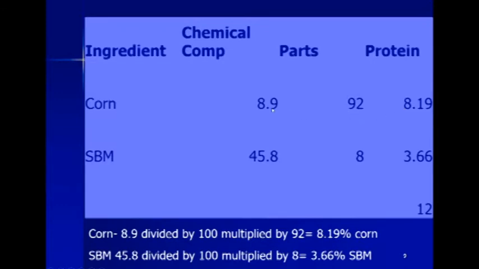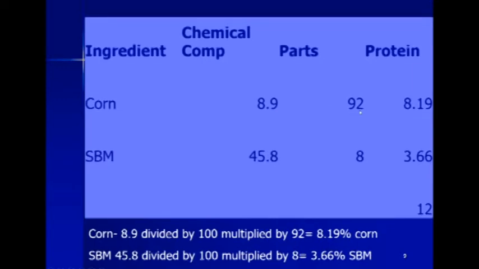Here you see it is 8.9%. It means 8.9 gram protein is available if we feed 100 gram of corn to the animal. So simply you can say, out of 100 we get 8.9 gram of protein. So 100 gram of corn will give 8.9 gram of protein.